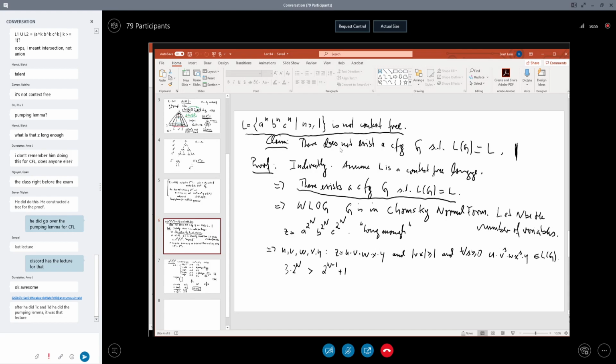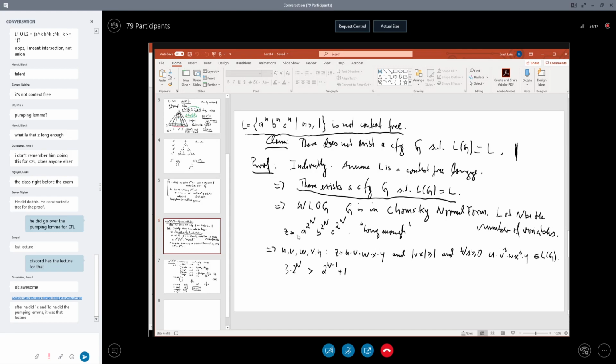We assume that there exists a context-free grammar. You can assume without any loss of generality that this grammar is in Chomsky normal form, and capital N is the number of variables in that Chomsky normal form grammar.